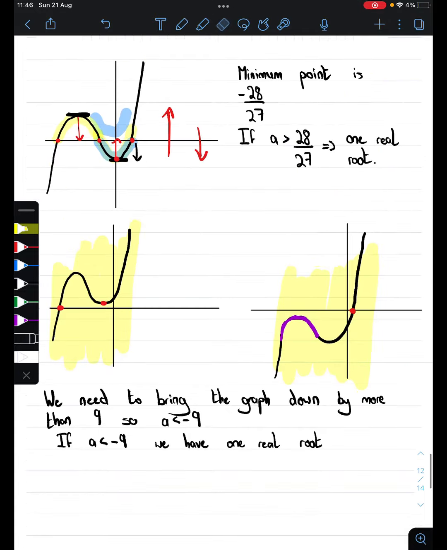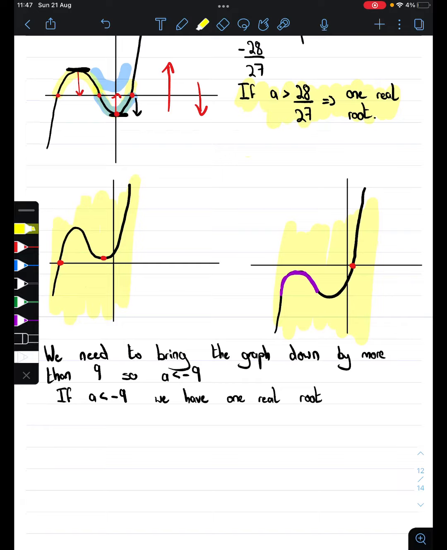Okay, so if we combine these: if a is greater than 28/27, we have one real root, and if a is less than -9, we have one real root.